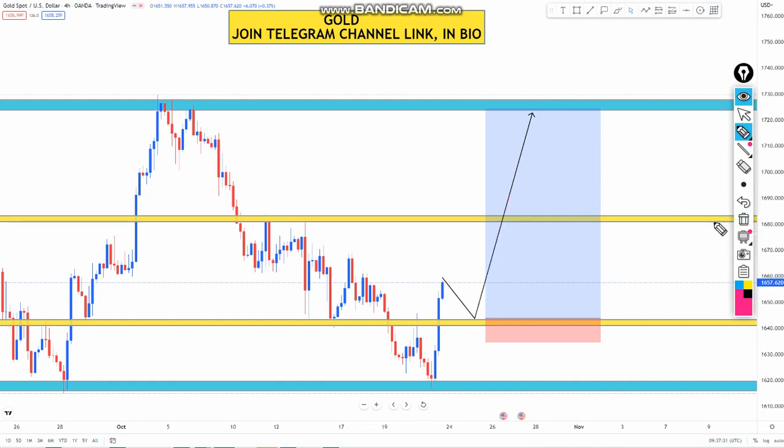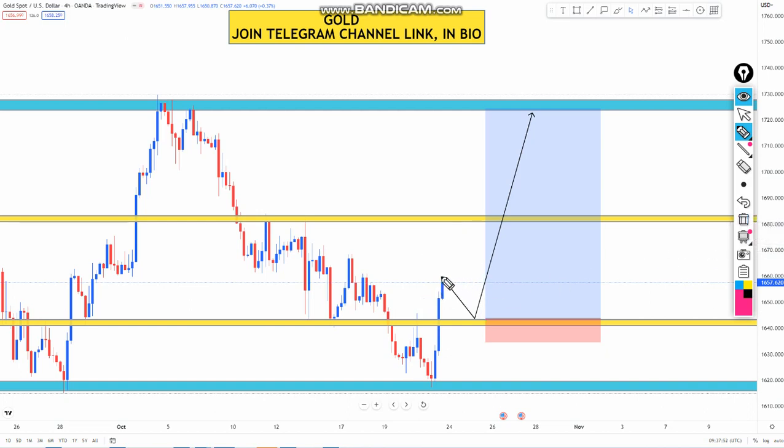There are only two things that can make this setup invalid. Number one is if price continues to move to the upside, because we can clearly see a very strong bullish momentum. Price may not come back for exhaustion, and then we will see a continuation move to the upside. Once that happens, this setup will become invalid.